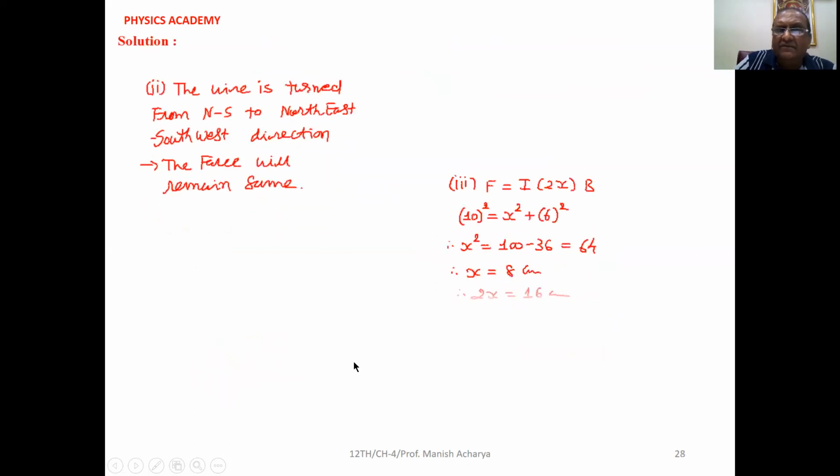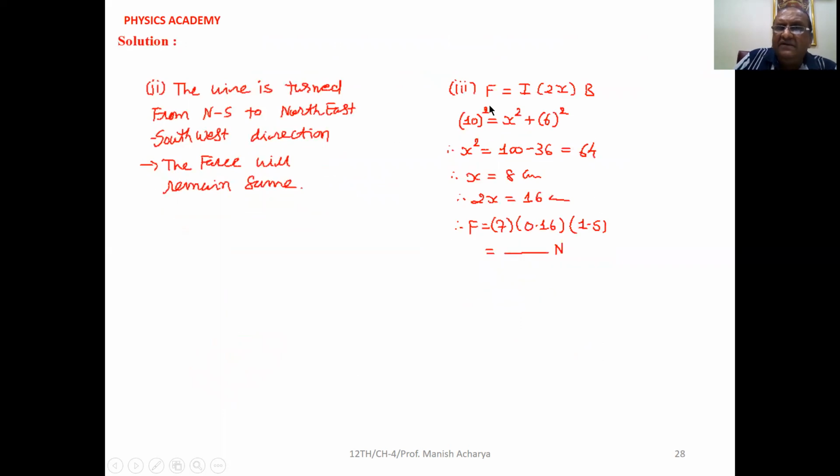So from the figure, we can write force F is I into 2x into B. Field and wire are perpendicular to each other, so no need to write sine 90, it is 1. Now, as per Pythagoras theorem, we can write 10 square equals x square plus 6 square. So x square is 100 minus 36, that is 64.